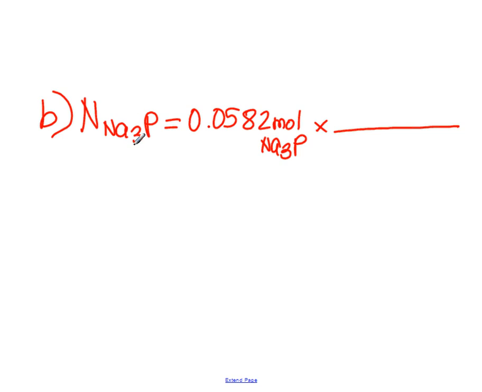But since we've got sodium phosphide, which is formula units, we're going to use formula units. Our 1 mole is going to go on the bottom, and our 6.02 times 10 to the 23 formula units on the top. So if we do this and plug it in our calculator, you can give it a try. 0.0582 moles times 6.02 times 10 to the 23.